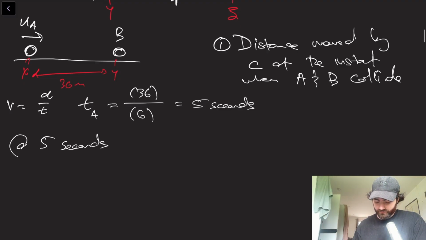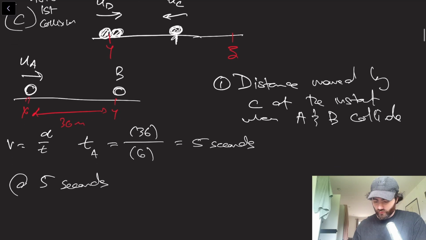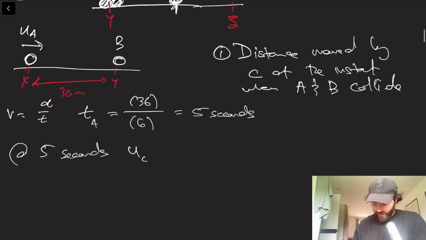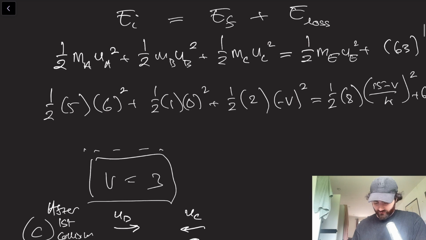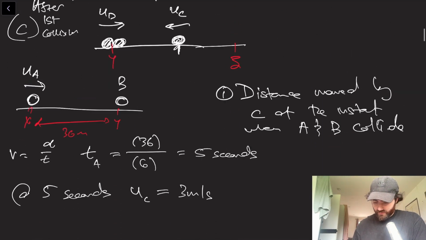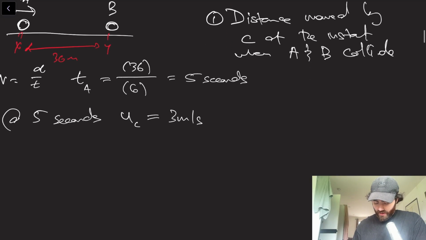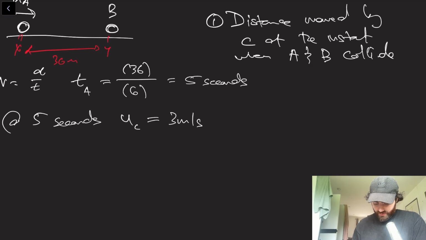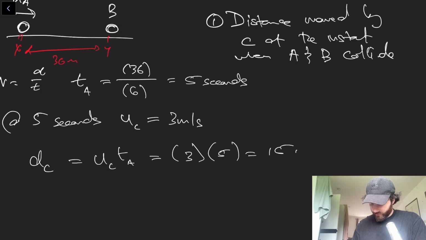where's C? Well, C has moved. C is moving at V, which is 3, so it's moving at 3 meters per second this way. The distance C has moved is U of C times this time of A, which will be V, which is 3, times 5, so 15 meters.